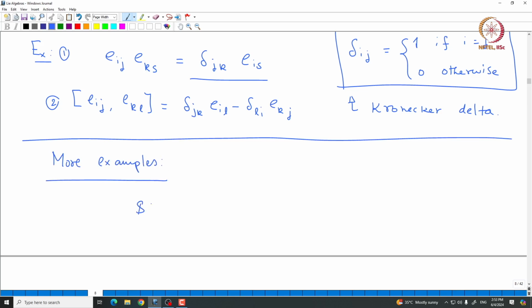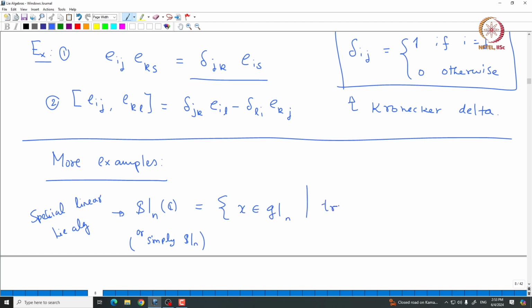One can define what is called SL_n, the special linear Lie algebra, which is defined to be all the matrices in GL_n such that the trace of X is 0.